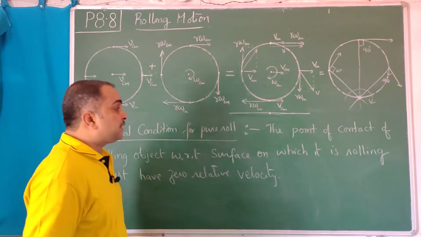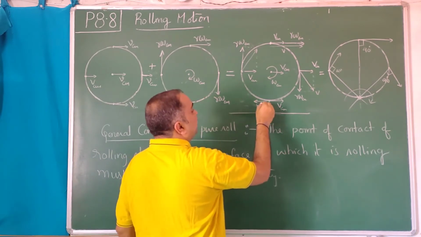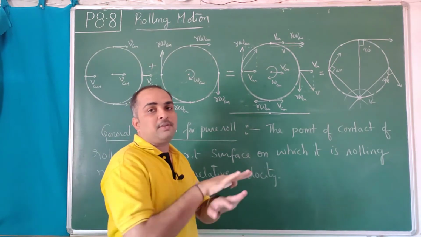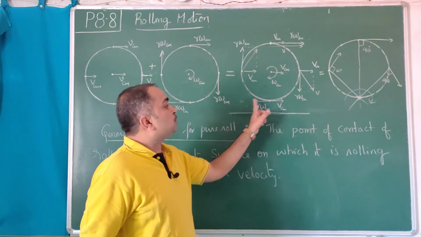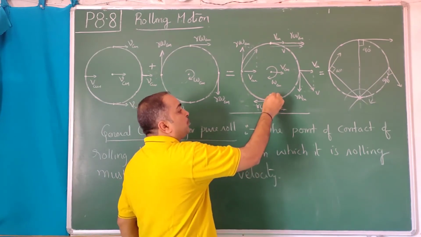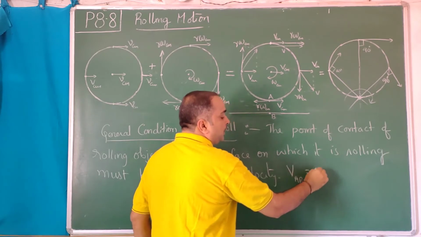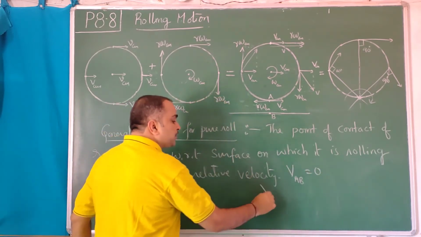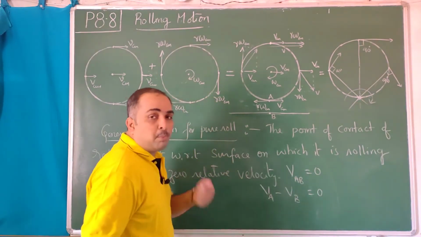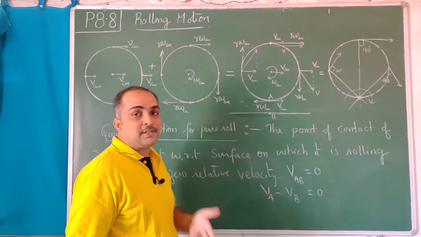Why I need to emphasize this is, most of the time students use this in so many problems, that VCM is equal to R omega CM, because they did give a rolling object on a fixed surface. So when these two are equal and opposite and this point is at rest, suppose this point I call A, this point I call B, VAB should be 0. What does VAB equal to 0 mean? Velocity of A minus velocity of B should be 0, where A is the bottommost point of this wheel and B is the surface on which it is rolling.